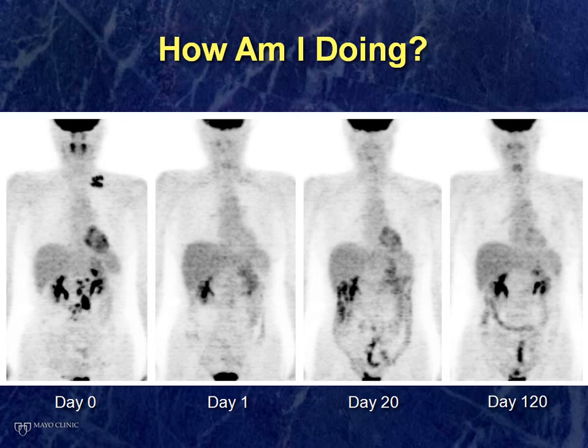You can see up here in the neck that we have a spot of cancer, 2 spots actually, that are melting away even with 1 day of treatment, and things continue to get better in the abdomen through day 20 and 120. So we can not only see it, we can measure it, can't quite feel it, but it gives us a sense of just what rapidity this patient happens to be responding to the treatment.